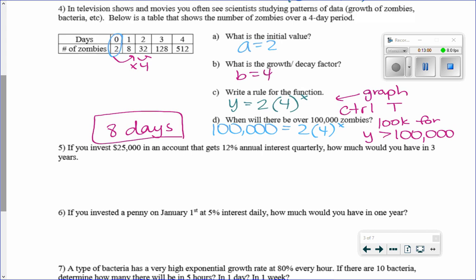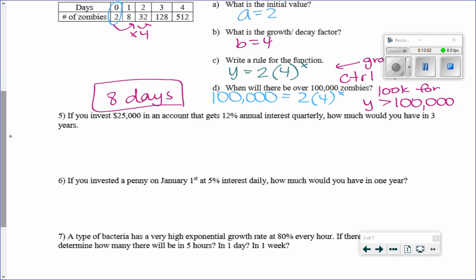Right. Next one. If you invest $25,000 in an account at 12% annual interest quarterly, how much would you have in 3 years? So whenever there's percent involved, remember we're going to compare it to that 1. If it's growth, we're adding to 1. If it's decay, we're subtracting from 1.